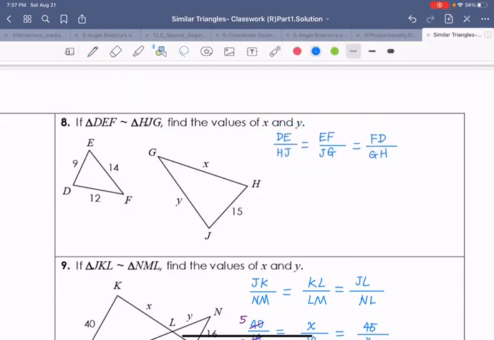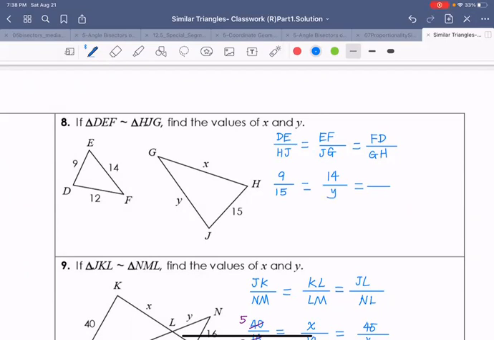Now let's plug in. D is 9, and HJ is 15. EF is 14. And then JG is y, right?